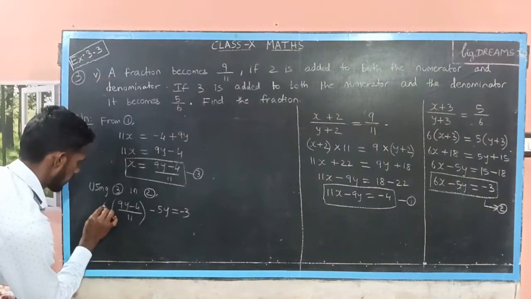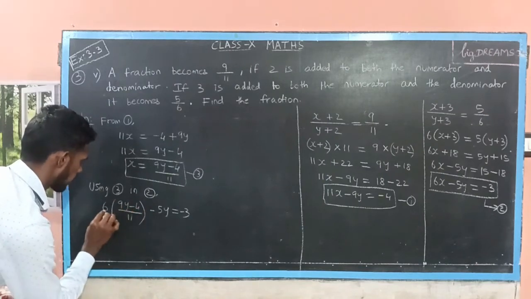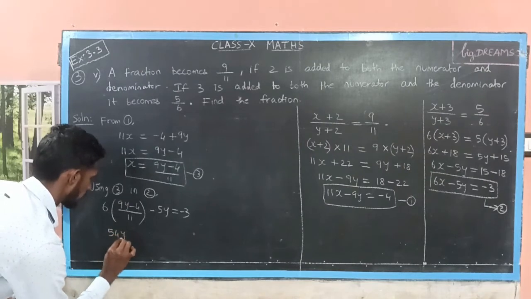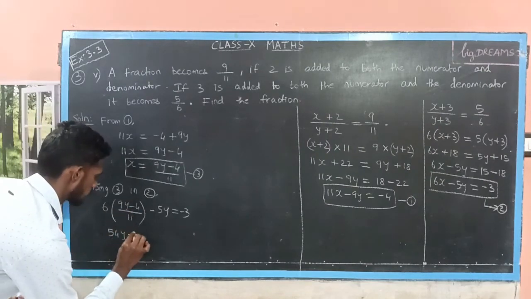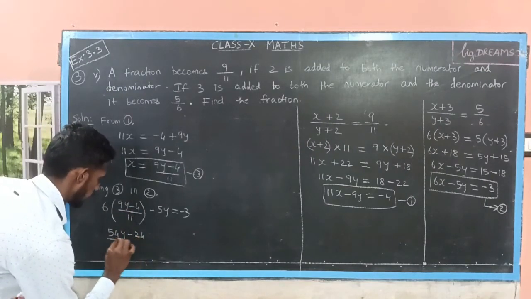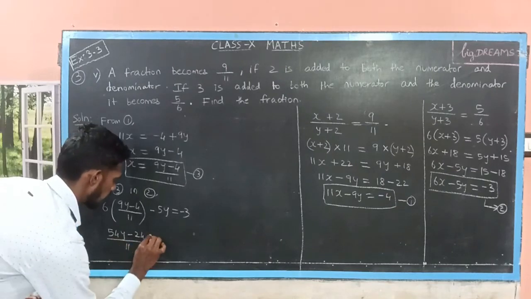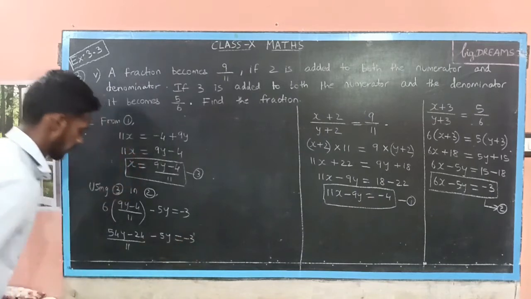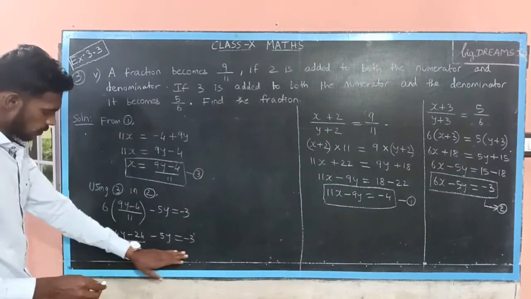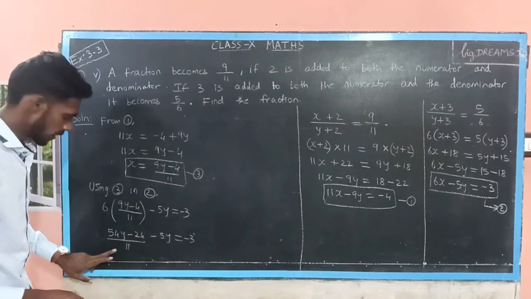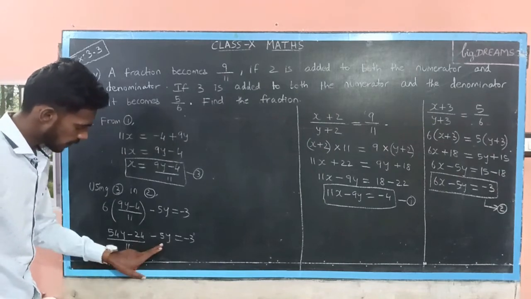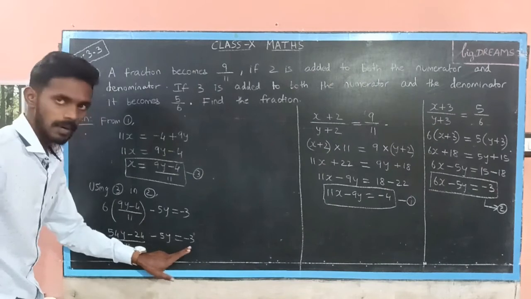See here, multiply this 6 to the numerator part. 6 into 9y becomes 54y, 6 into minus 4 becomes minus 24, divided by 11, minus 5y is equal to minus 3. Now, multiplying on both sides by 11, the denominator in this term will be cancelled. For these two terms 11 will be multiplied.